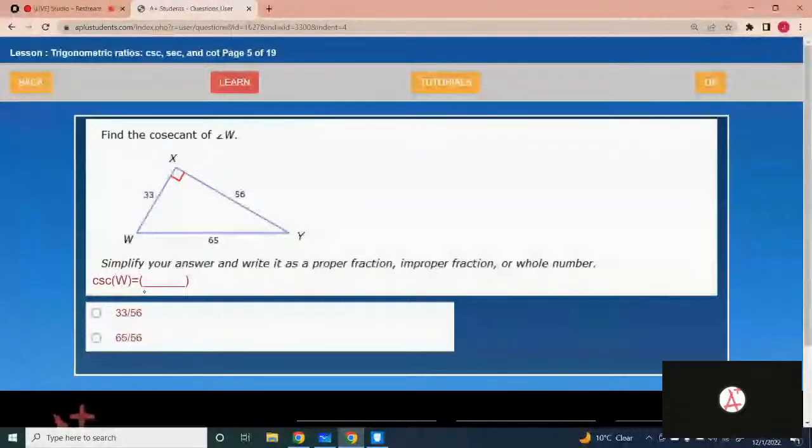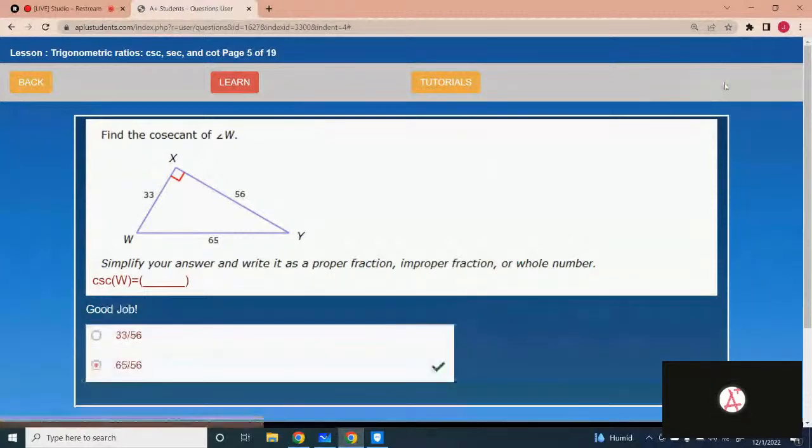So it would be 65 over 56. Just select the correct option, then click on the OK button.